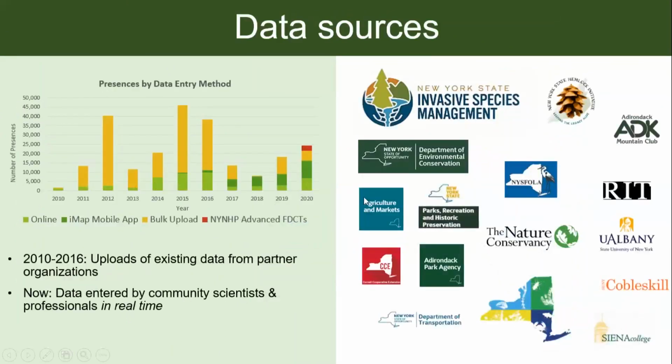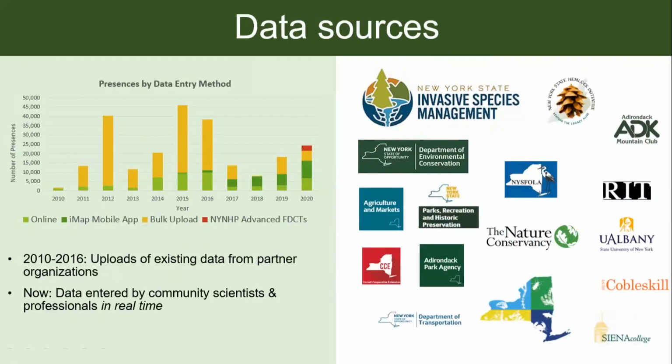For iMapinvasives, we're a database, so you might be wondering where the data actually comes from. At first, it came from existing data sets. We gathered together all of the different invasive species data sets for New York State that were existing at the time.